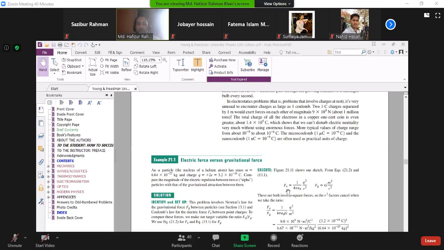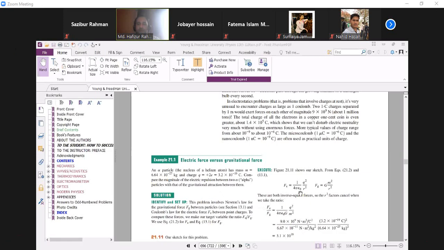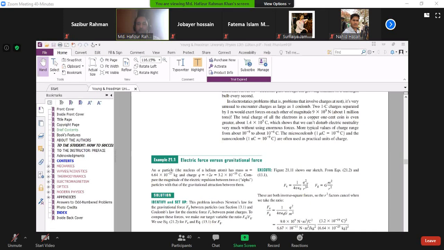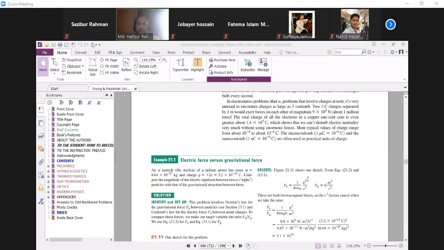So according to Coulomb's law, we can write 1 by 4 pi epsilon naught Q into Q. Here the same charge, so Q into Q is Q square divided by distance square. And the gravitational force will be G m into m.